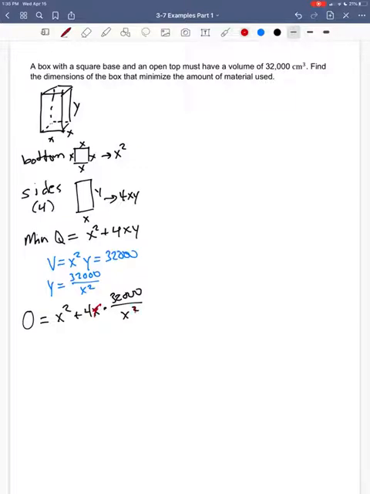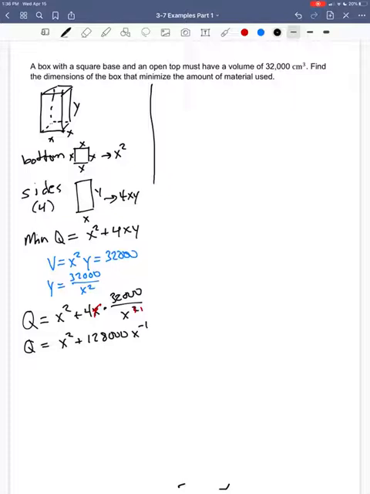This x will cross out one of those x's, and then I'm going to write it using negative exponents. Well, this was not zero, that's my function Q. So my Q then is going to be x squared plus 4 times 32,000 is 128,000, and I'm going to get x to the negative 1 since it's in the denominator.